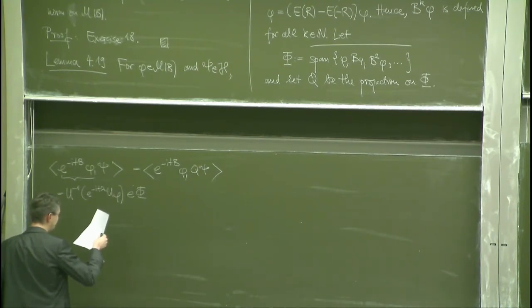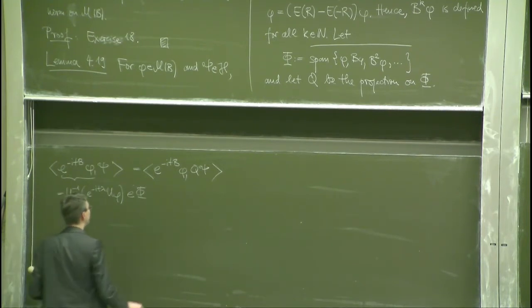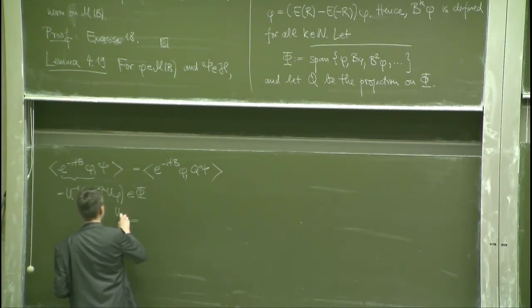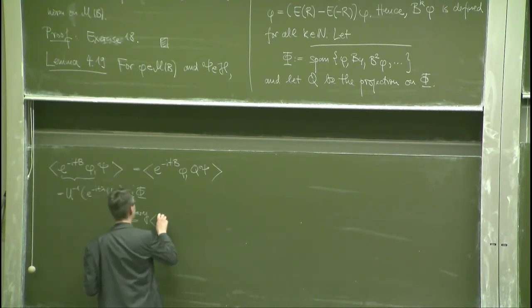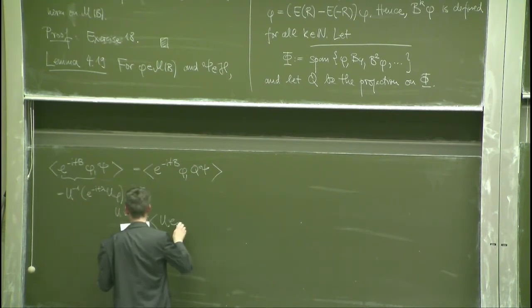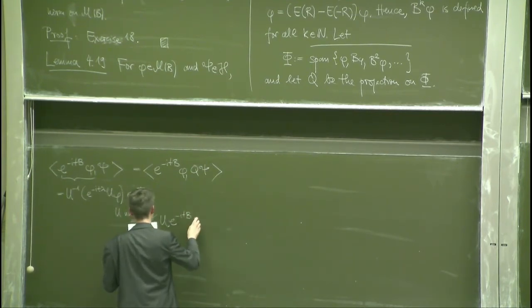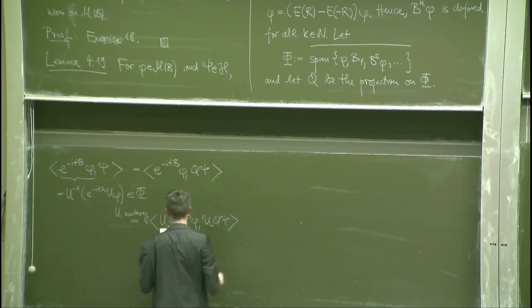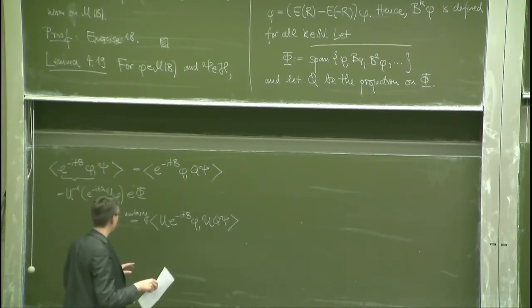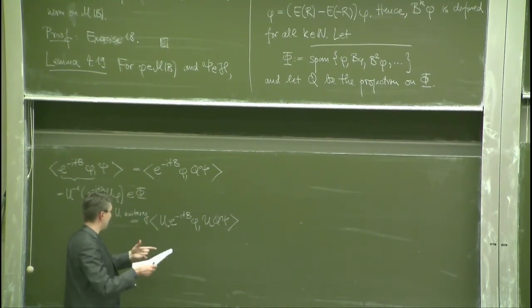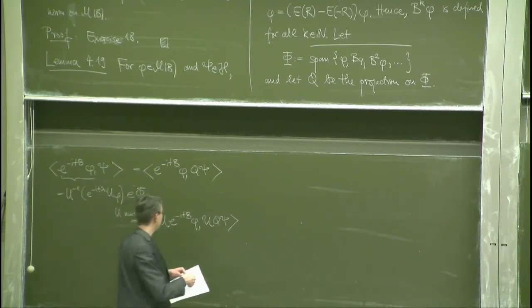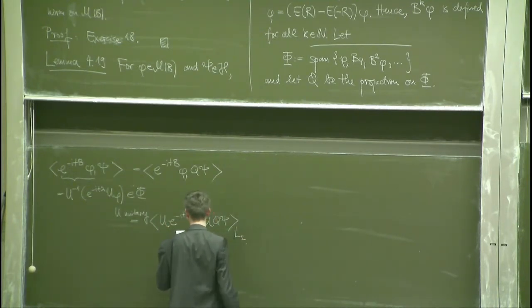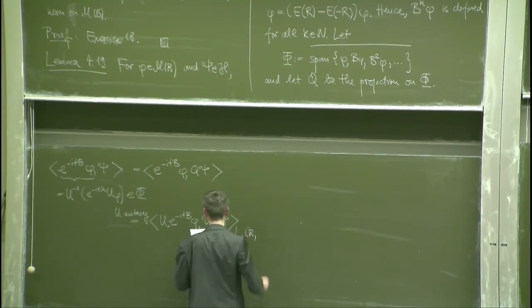Now we use the fact that the map U is unitary. As U is unitary, we can simply write that this is the scalar product of U exponential minus ITB phi and U Q psi. But now we have to pay attention, because we are now in the range of the map U, which is a different space. So this scalar product is now in L2 of R with respect to this measure here.